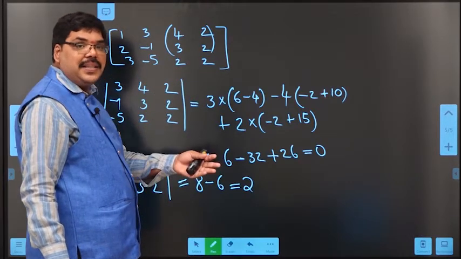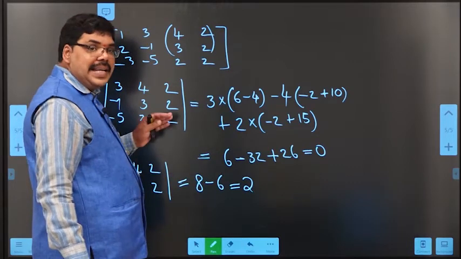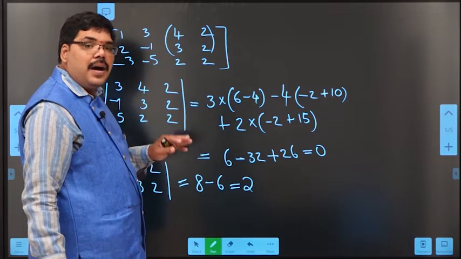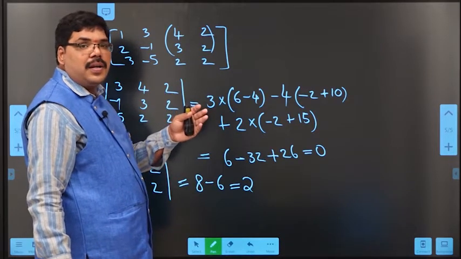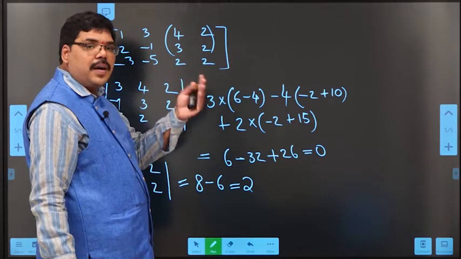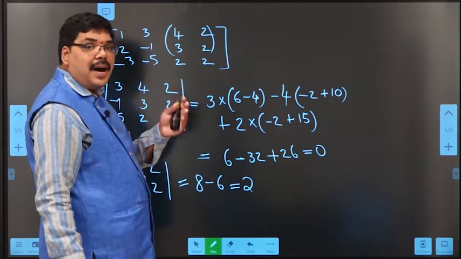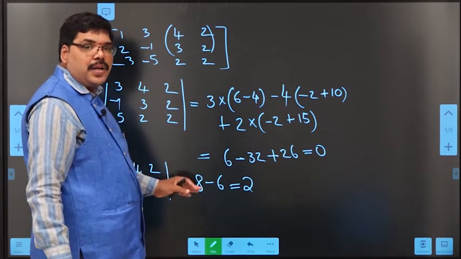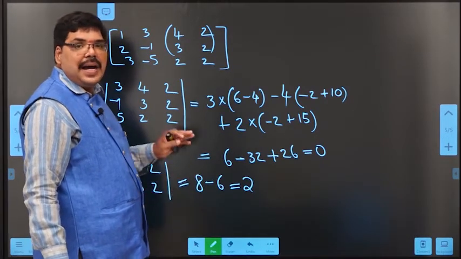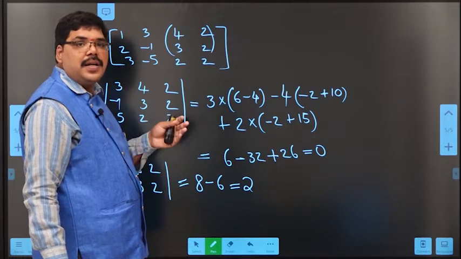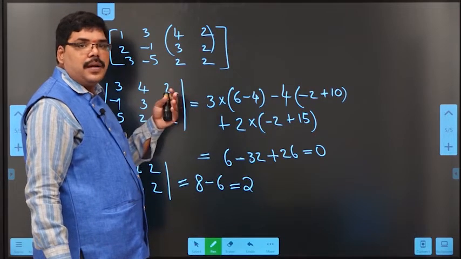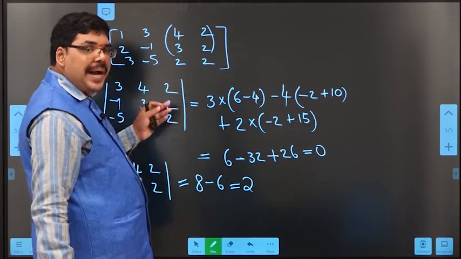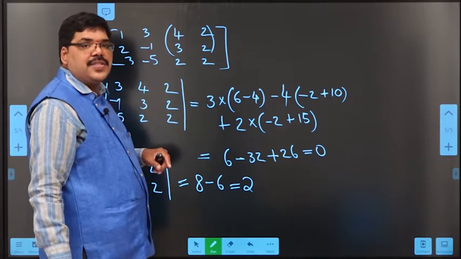So it is satisfying the definition: there exists a minor of order r which is non-zero and all minors of order r plus 1 or more become 0. So here r is 2.